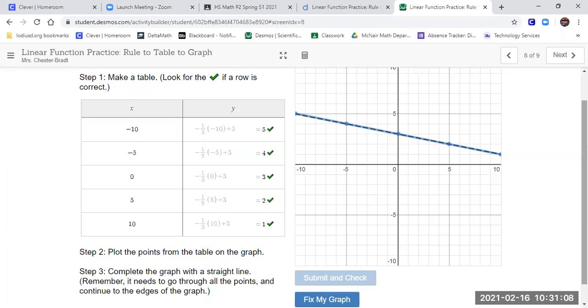Why did they pick the x's that are 5s again, guys? Come on. What about the rule made it say, oh yeah, we better be picking 5s?